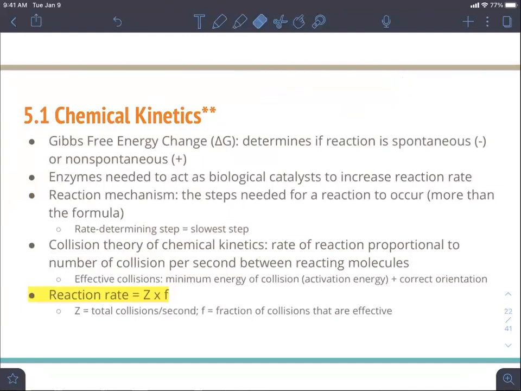Okay, so the reaction mechanism is just the steps needed for a reaction to occur. And it's more than the formula. One example could be this addition of a compound onto benzene. For example, we have benzene here, and then we want to add, say, an OH group.